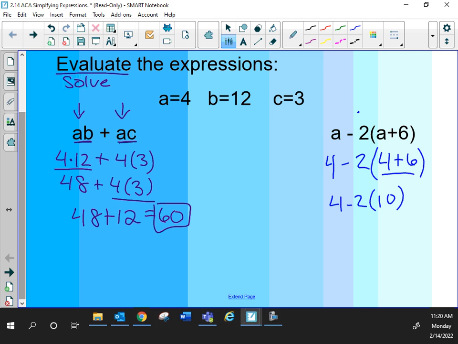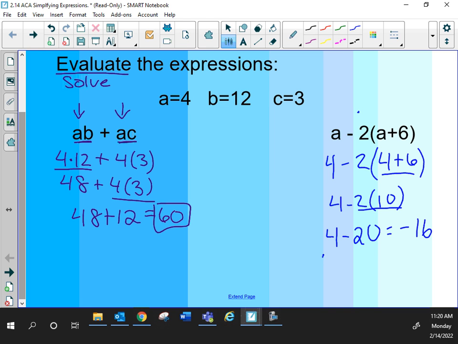So I would next need to do one step. That 2 times 10, class, that gives me 20. Now, what kind of answer am I going to have? A negative. That's why it wouldn't be positive numbers, because you solved it out of order. A lot of y'all did 4 minus 2 first and then times the 10. Okay, when I subtract 4 minus 20, that is negative 16.